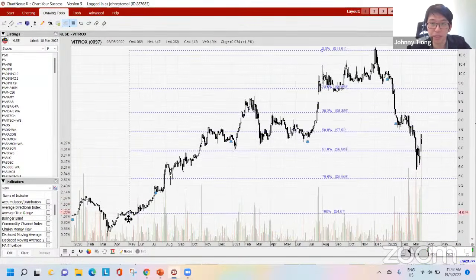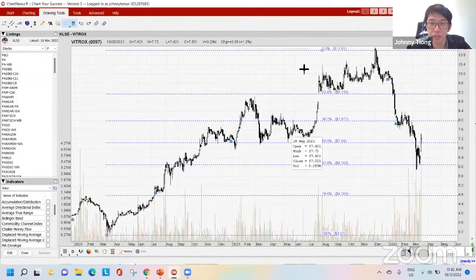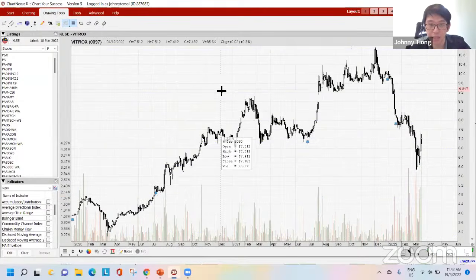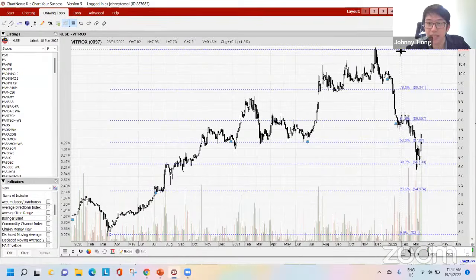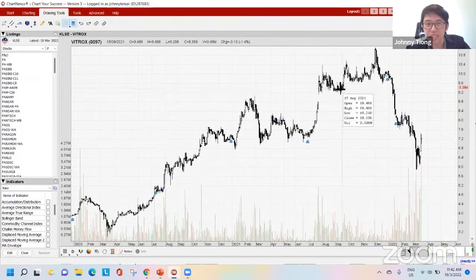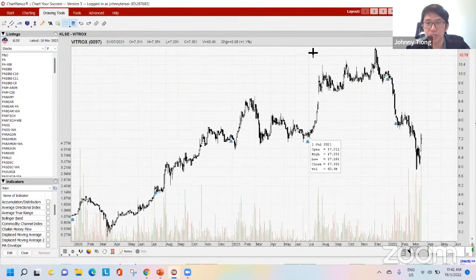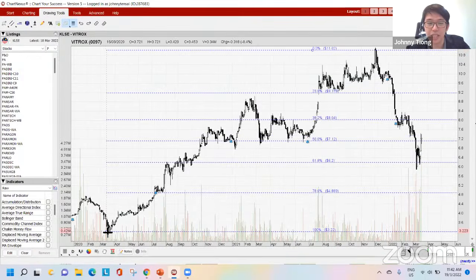This is from top to bottom. You can see the numbers. It retraced 23%, 50%, 62%, 78% from the top. If I draw from bottom to the top, the lines are the same. It's just the explanation that is different. It is the same spot, just a different explanation. But if we want to catch a stock which is falling, we draw from top to bottom, and the explanation will be that it fell 23% from the top.